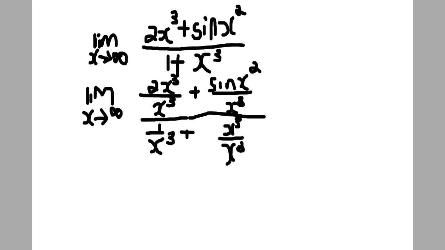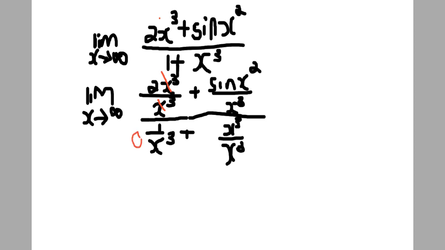Basically here the x cubed will cancel x cubed. Let me use the red marker to describe this. Then here we are going to have 0.